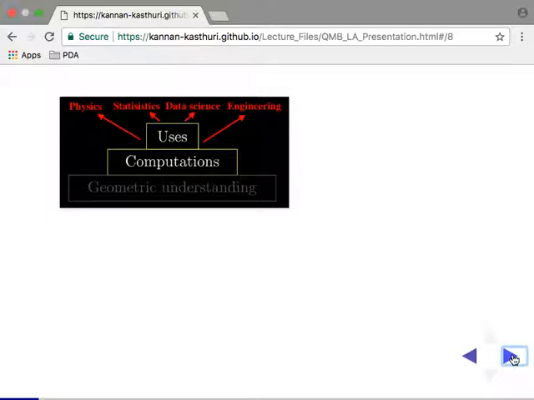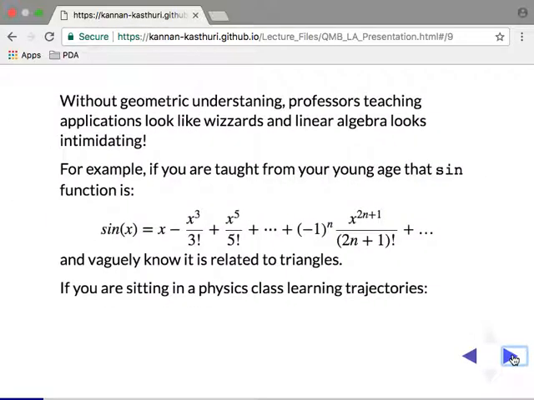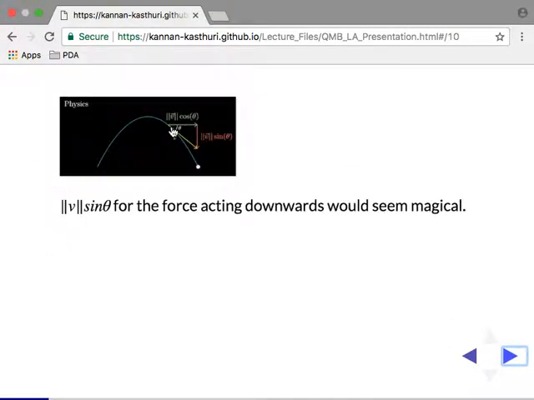I'm not going to talk about anything really spectacularly difficult. I'm going to keep it at the very basics so that we get the basics straight on what linear algebra and matrices are. Without geometric understanding, most of them would look like wizardry. For instance, let's say you're taught from a young age that the formula for sine is the Maclaurin series, x minus x cubed by 3, and so on, and suddenly you're sitting in a physics class being told this is the force acting downwards.